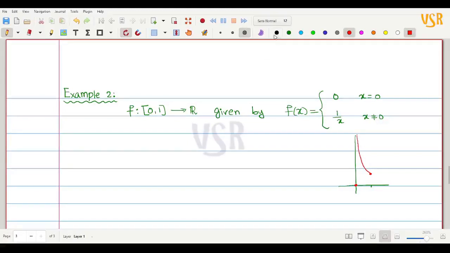The given function is not bounded above.